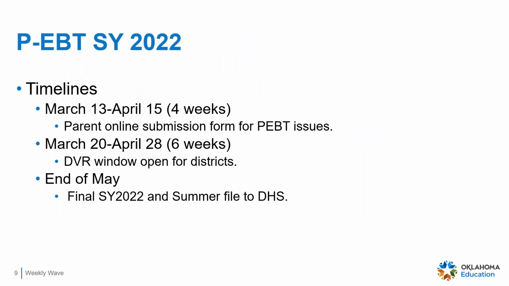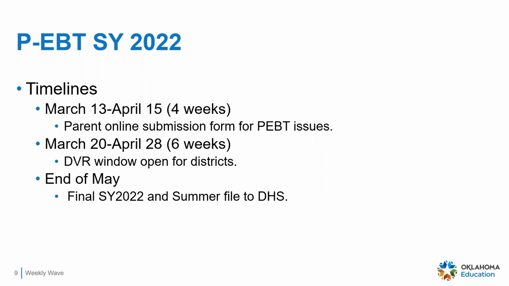Next slide has to do with PEBT. So timelines are still March 13th through the 15th for the students to submit their forms for PEBT issues. The DVR window is going to be March 20th through April 28th, but right now the districts can look at their calendar, and there are other things that you can be doing that might preempt the parents' concerns.